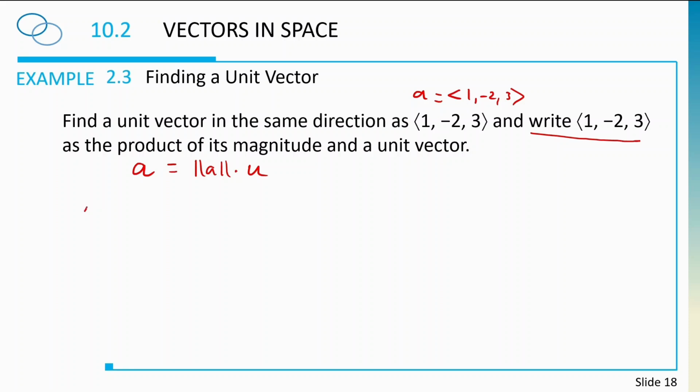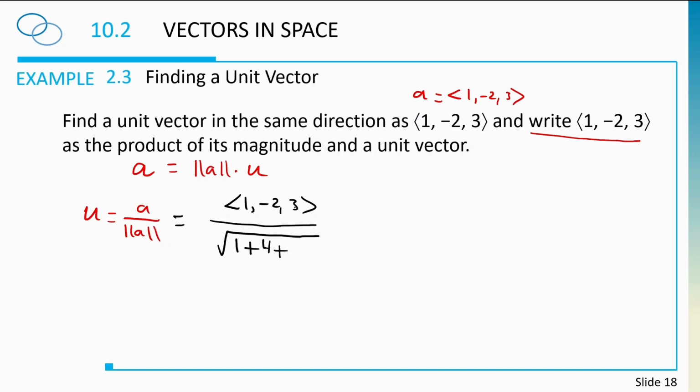We know that u is equal to what? A divided by its magnitude. Okay, let's try to find it. A is (1, -2, 3). Its magnitude, remember, we find it by the first component squared, 1, plus the second component squared, 4, plus the third component squared, 9.